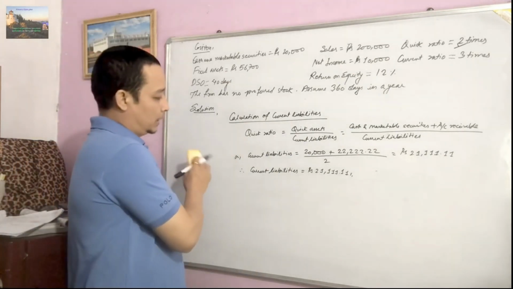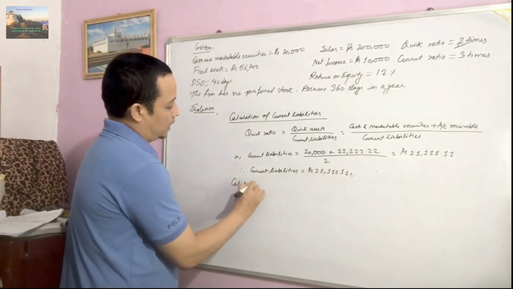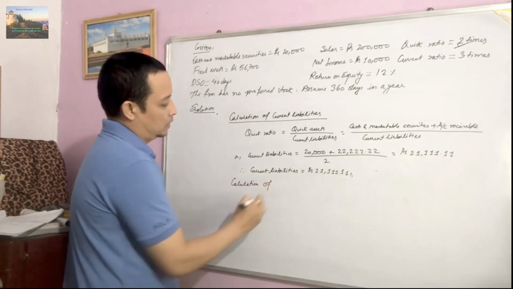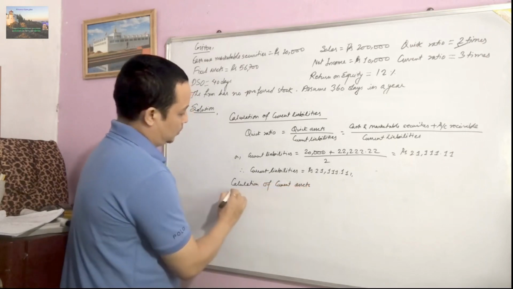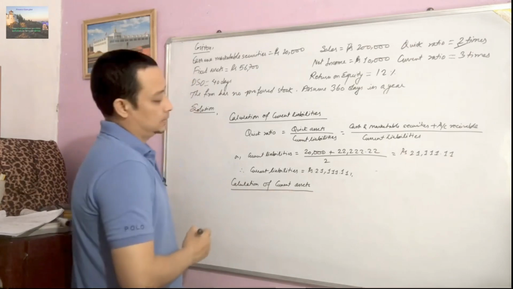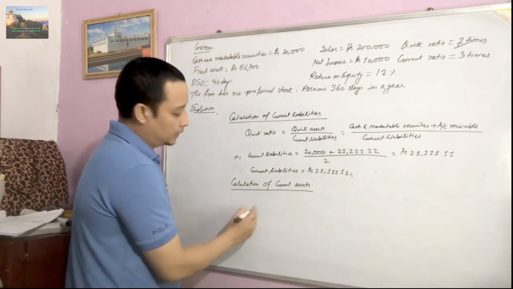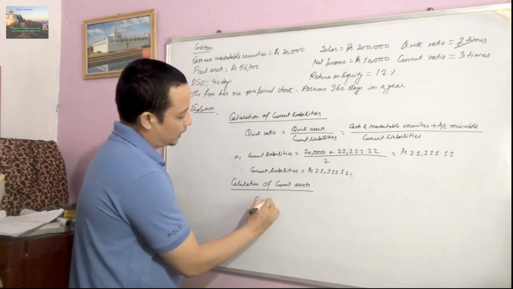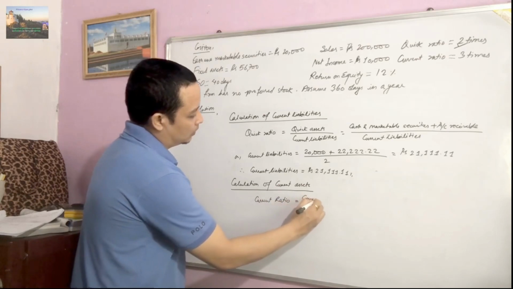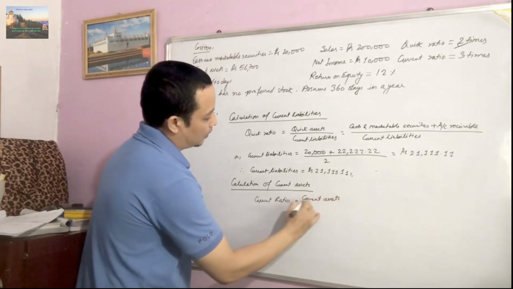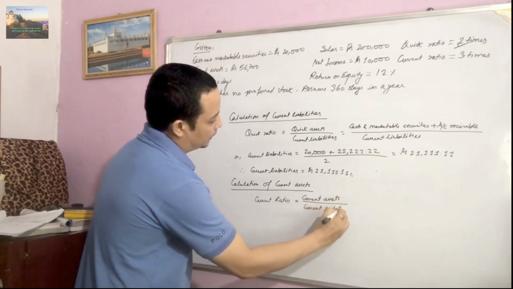So now again let me write down calculation of current assets. For current assets you can use current ratio. Current ratio equal to current assets upon current liabilities.